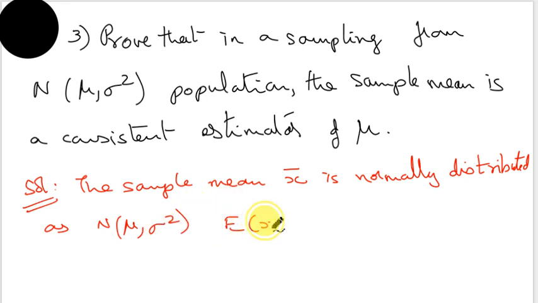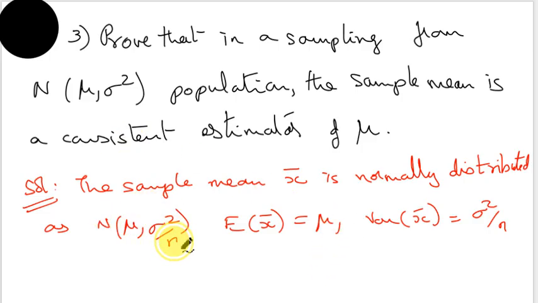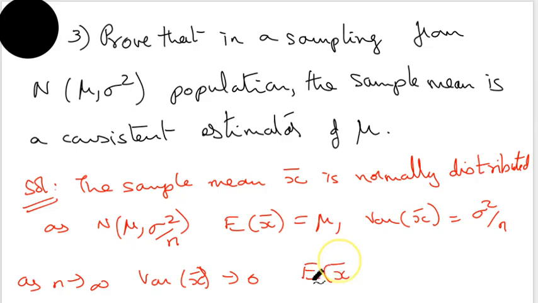Therefore, we have E of x bar equal to mu, and my variance of x bar is nothing but sigma squared divided by n. Here it is a sample, so it has to be divided by the sample size n. So as n tends to infinity, my variance of x bar will tend to 0 because 1 by n tends to 0, and my E of x bar is undisturbed and its value is still mu.